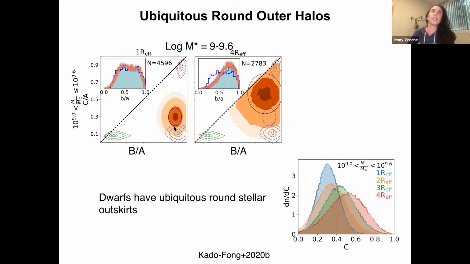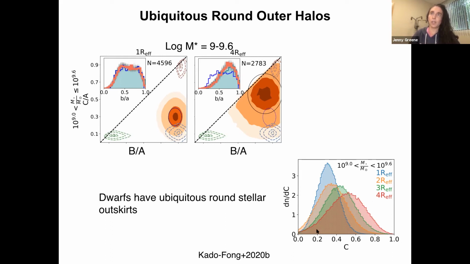of Aaron's work is that as you go to large radius, you see ubiquitous round, what we call stellar halos. This is not unexpected because it's been seen for many Local Group and Local Volume dwarfs in resolved stars, but Aaron sees it for many thousands of dwarfs.